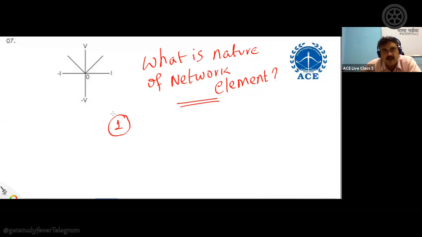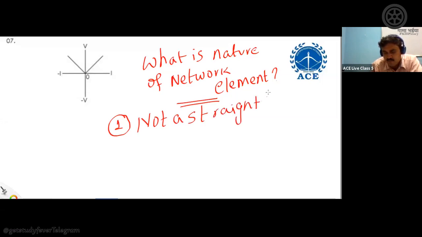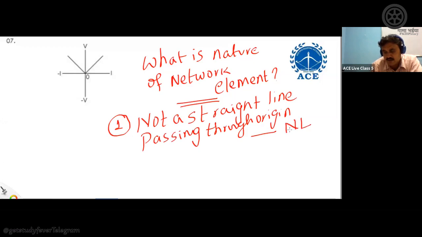So here you are given graph, very simple. It is not a straight line passing through origin. This is not at all a straight line passing through origin. So definitely this network element is non-linear, no doubt. Okay, we can confirm it.